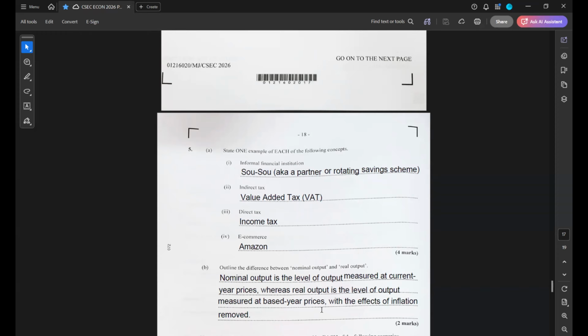So yeah, just think about real. Anytime you hear the word real, whatever, real anything in economics, we are factoring in inflation. So inflation is being removed from the calculation here. Nominal is just straight up, it's like price times output gives you whatever. It doesn't account for inflation. Whatever is the price level, whatever is the output level, that is what you're getting.